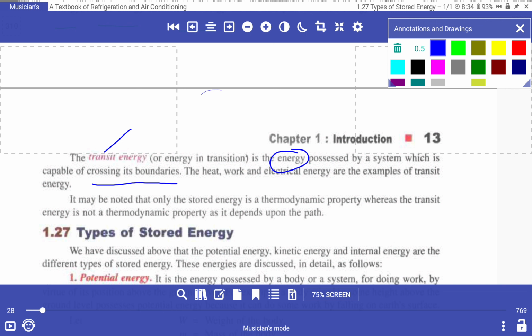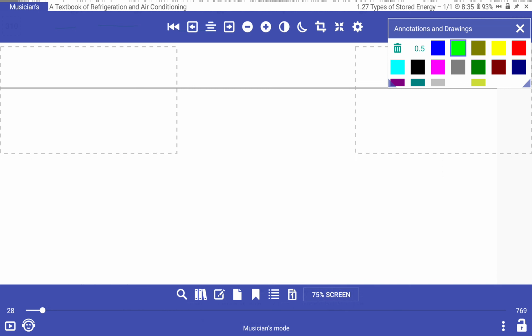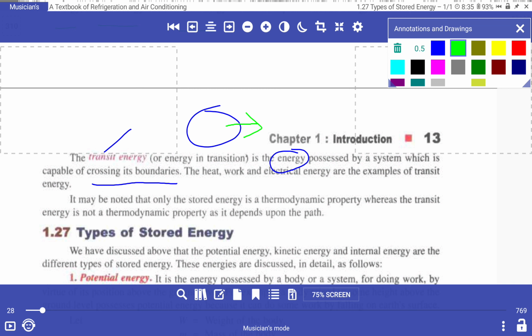Suppose you have a boundary, right? So this is your boundary. If your energy is crossing the system, from inside it's going out, that is energy transit.